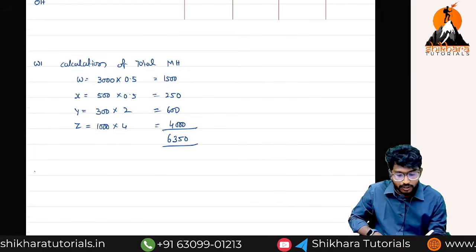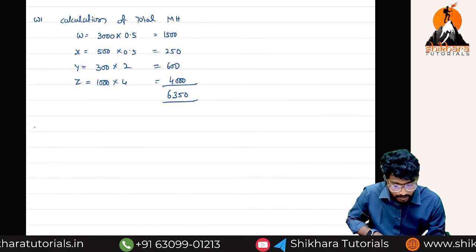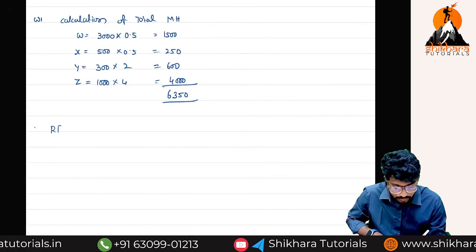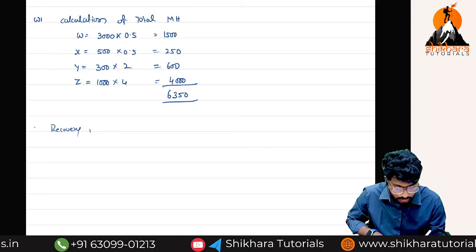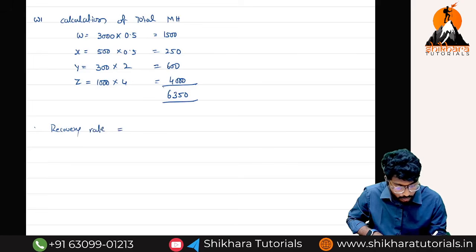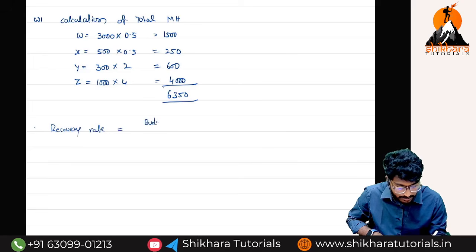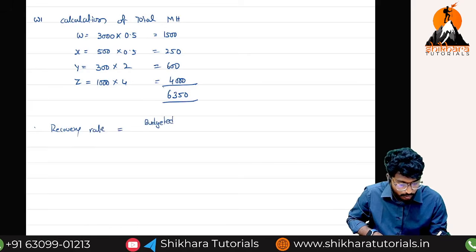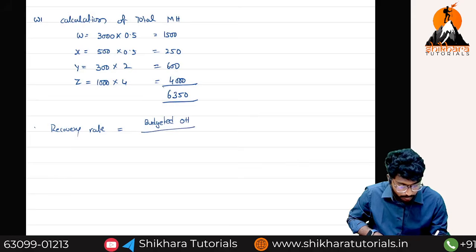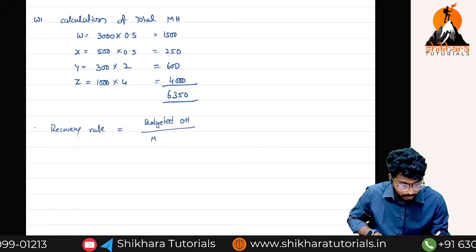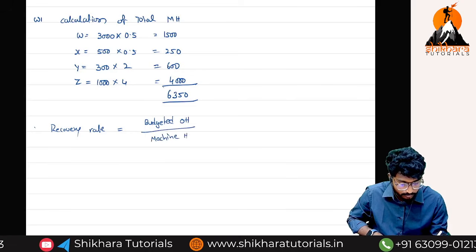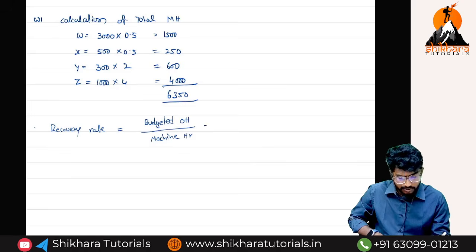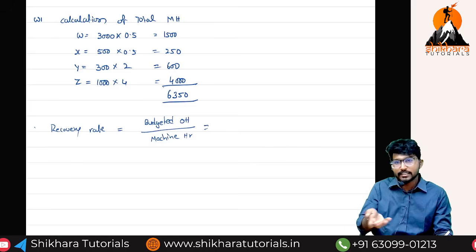Now we have to calculate the recovery rate, which is equal to budgeted overheads divided by machine hours. Here we are taking the budgeted base as machine hours only.